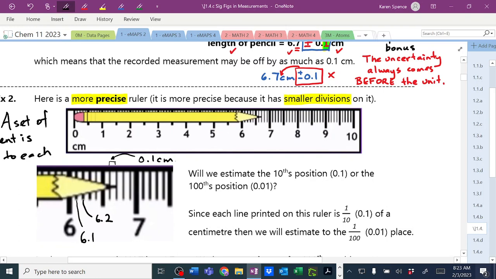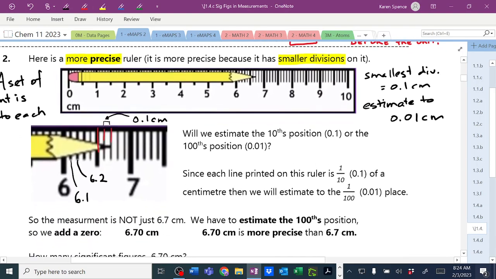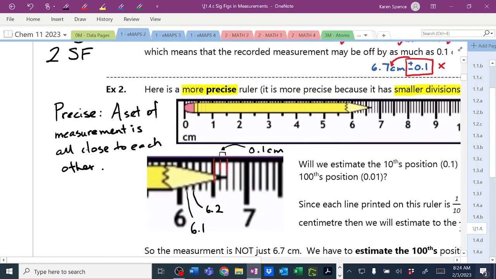And if the smallest division is 0.1 centimeter, then we can estimate to the 0.01 centimeter position. So if we look at this, we are right on the 6 point. This is 5, this is 6, we're right on 6.7. So we would say that the length of the ruler is 6.7.